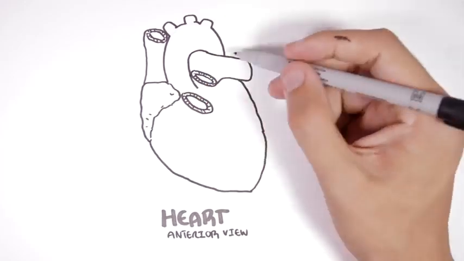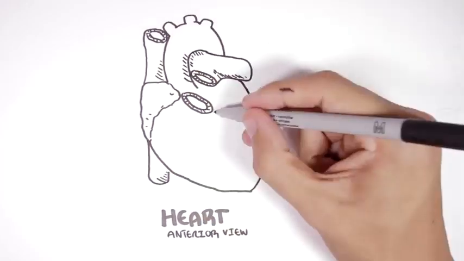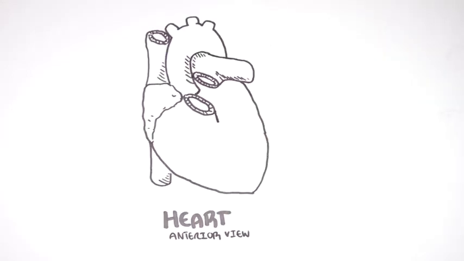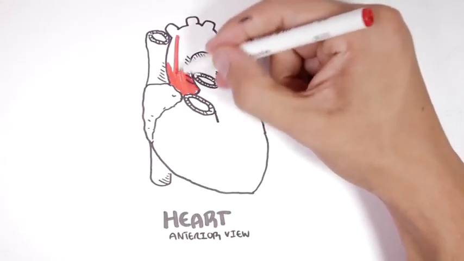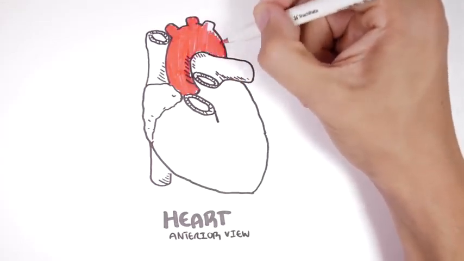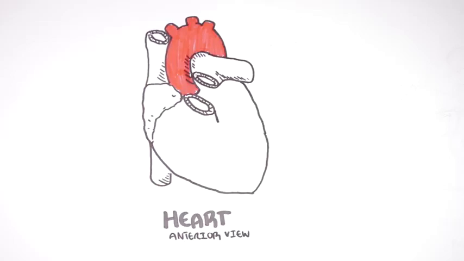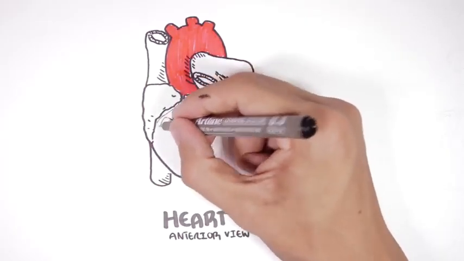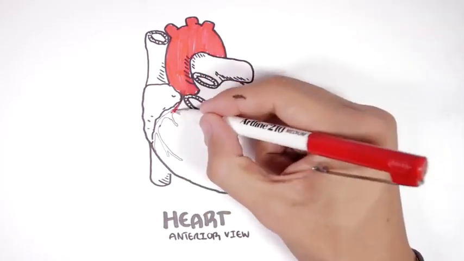So we'll first look at the anterior view of the heart and look at the coronary arteries from there. So here we have the aorta in red, rich in oxygenated blood. The two main coronary arteries are the right coronary artery and the left coronary artery.